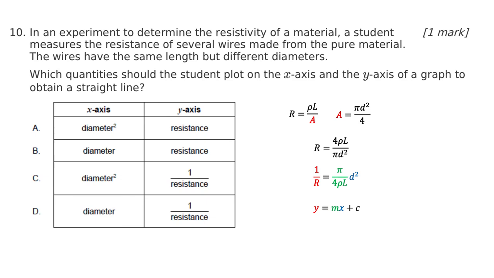So actually, my answer here is answer C, which is 1 over R on the y-axis, and d squared on the x. Now notice here, we've got no c, we've got no plus, and that's because this line is going to go straight through the origin. Okay, it's a really nice exercise in rearranging your variables and making sure that they are representing their variables in a straight line form.